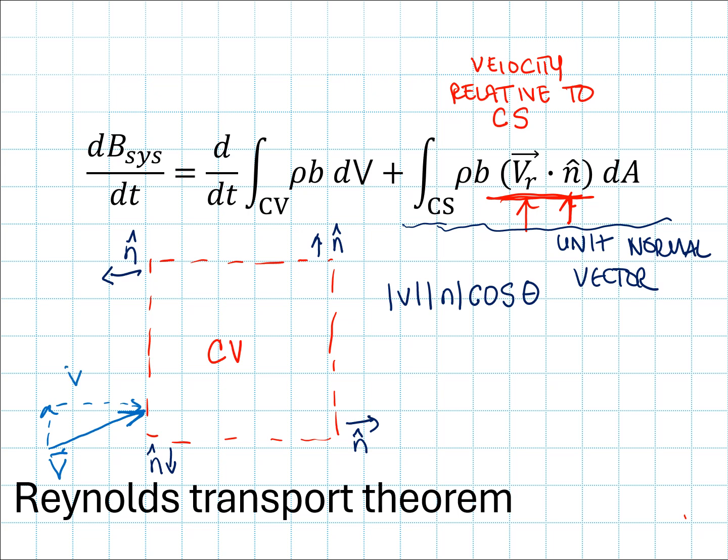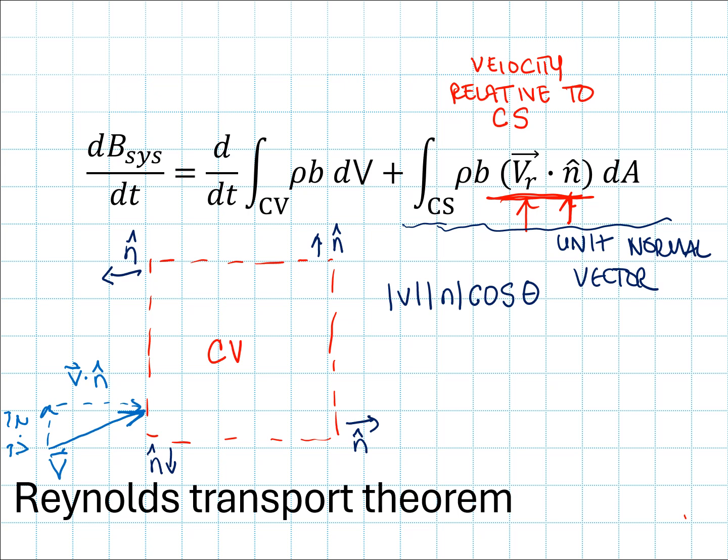So this one is going to be our normal component, and this one over here is going to be the tangential component. So instead of the dot product of the normal vector, this would be the dot product of the tangent vector tau.